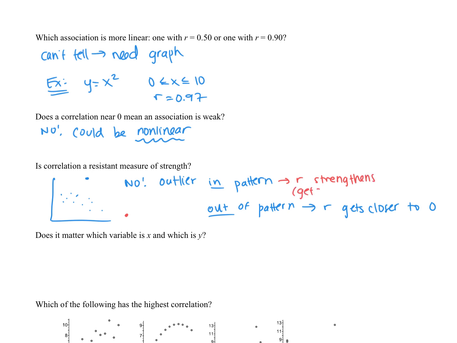So either it gets closer to 1 or -1. In our case, -1 because it's a negative relationship. So anytime that you have an outlier that's within the pattern, unusual within the pattern, R should get closer to 1 or -1.